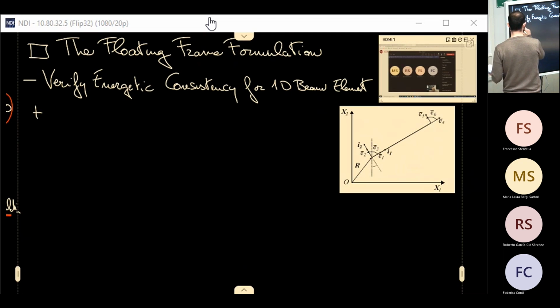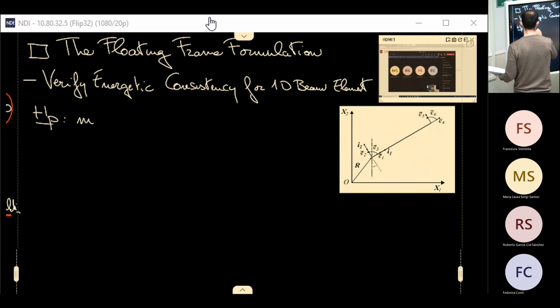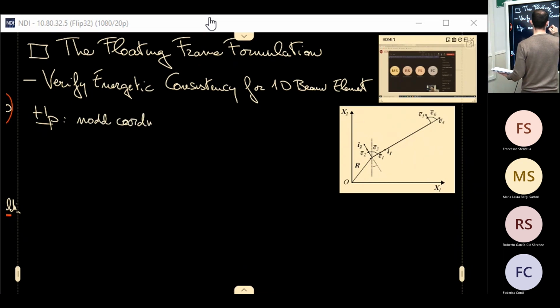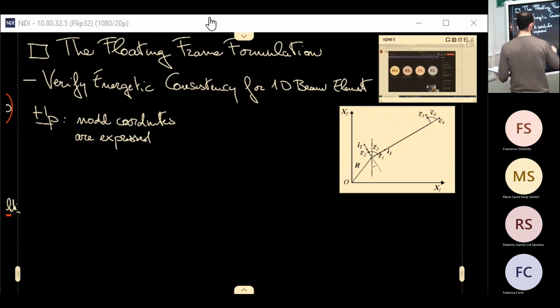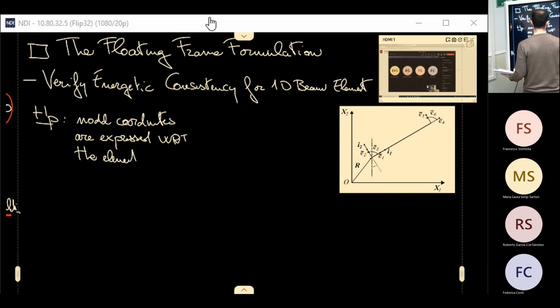Because the hypothesis now is that nodal coordinates are expressed with respect to the element frame.